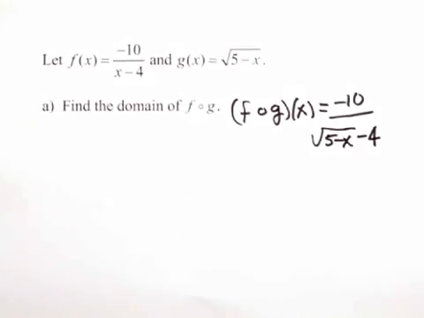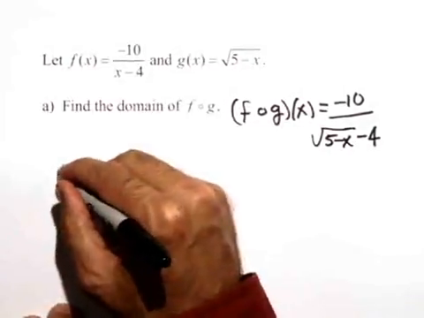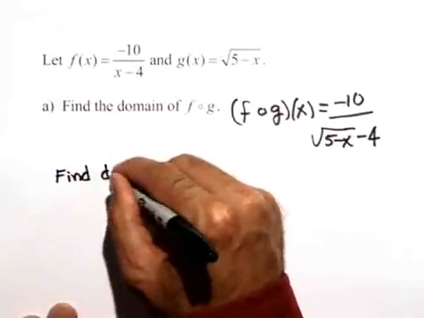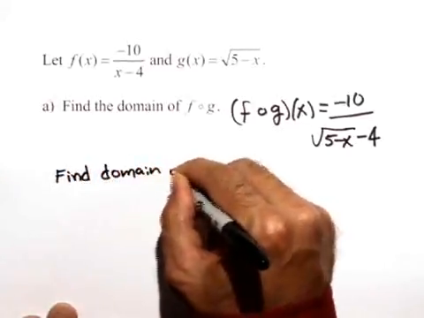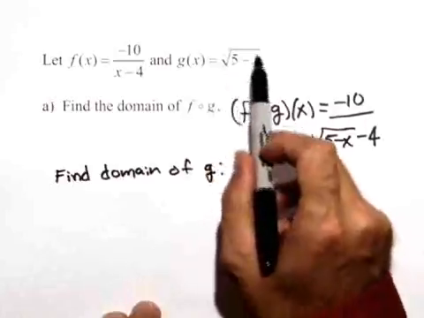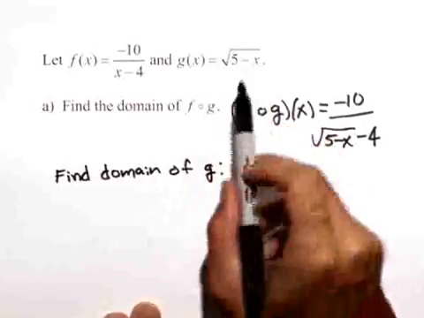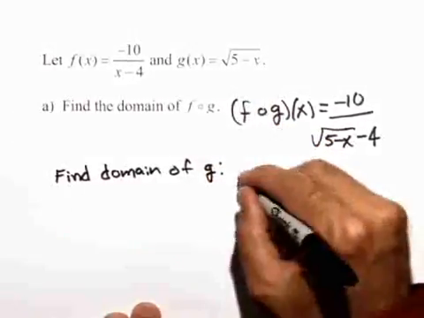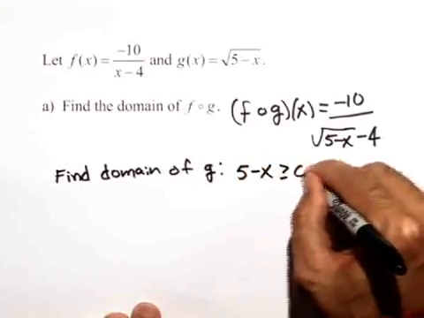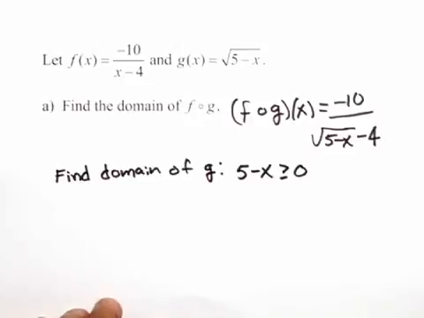Now we want to find the domain. The first thing we always do is we start by finding the domain of g. Okay, that's always where we start. So let's take a look at g. g is a square root function. To find the domain of a square root function, we must set the function under the radical greater than or equal to 0, and then we'll solve.